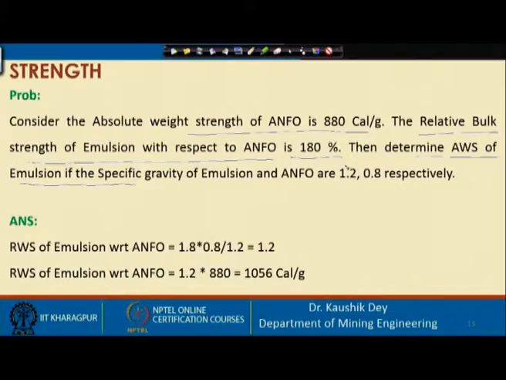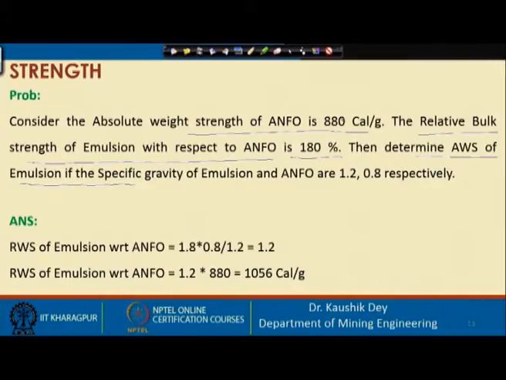We have to find out the absolute weight strength of the emulsion. So, that means how much energy we can obtain by detonating 1 gram of emulsion. So, one part is given, the absolute weight strength of ANFO is already given to us.